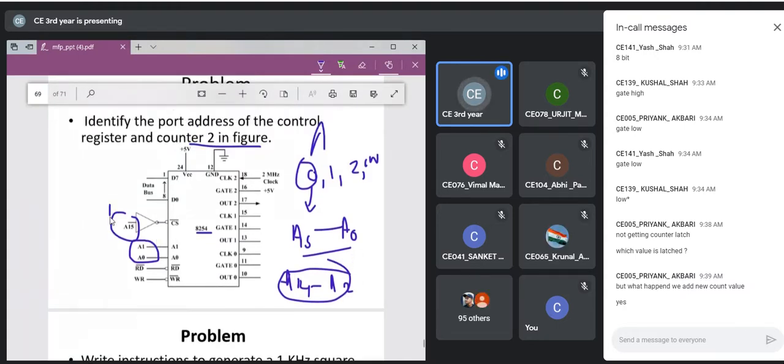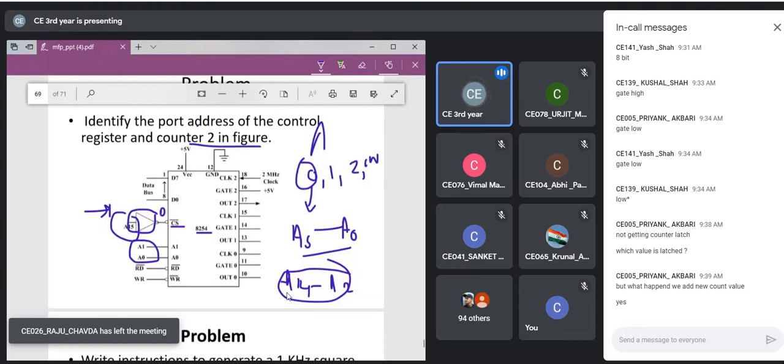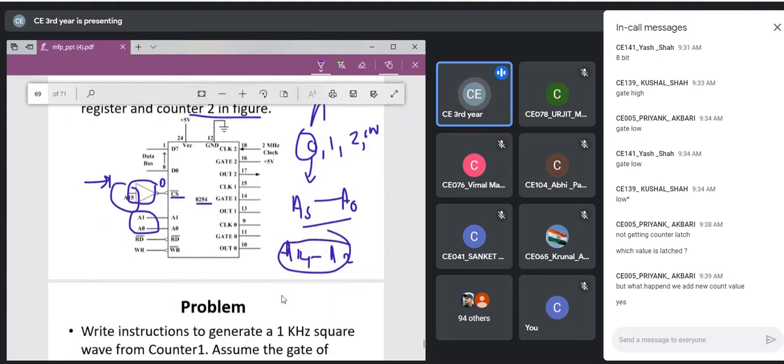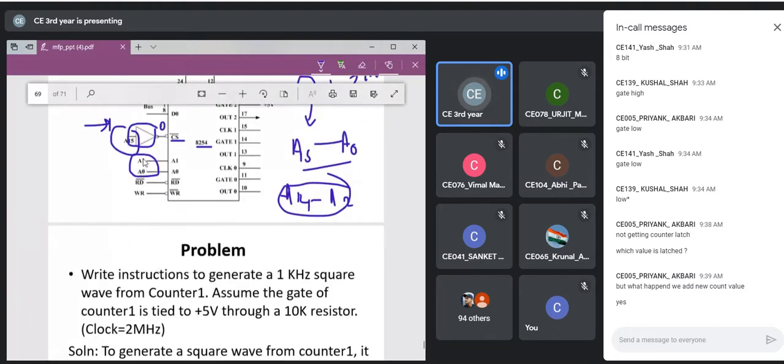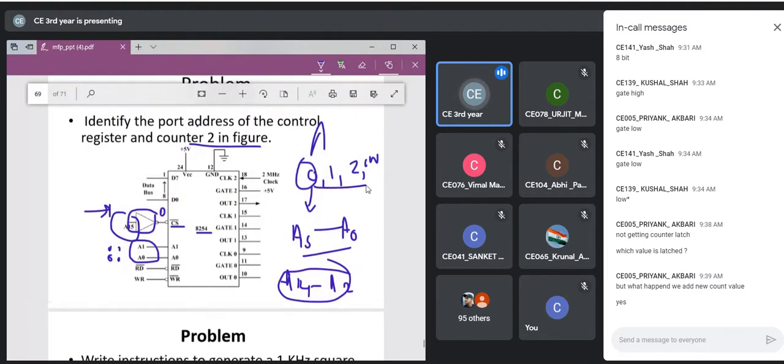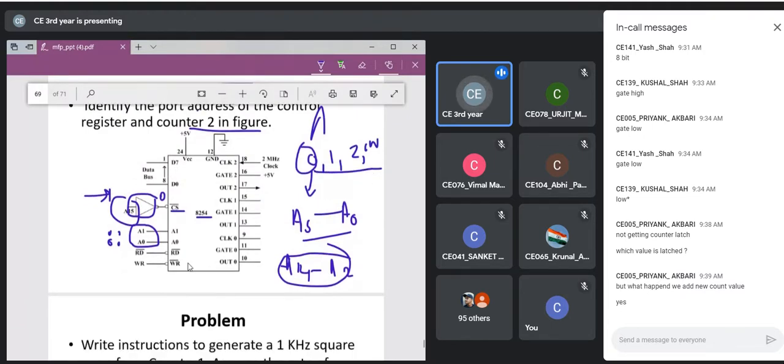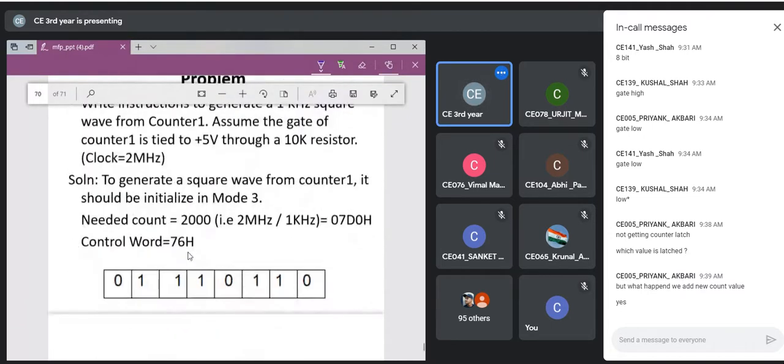A15 must be 1 so that it gets negated and this becomes 0, and this chip will be selected. So A15 is compulsorily 1, A14 to A2 are 0, and A0 and A1 can be different, 00, 01 and so on. According to that, these counters will get selected. Of course you have to solve this, right?